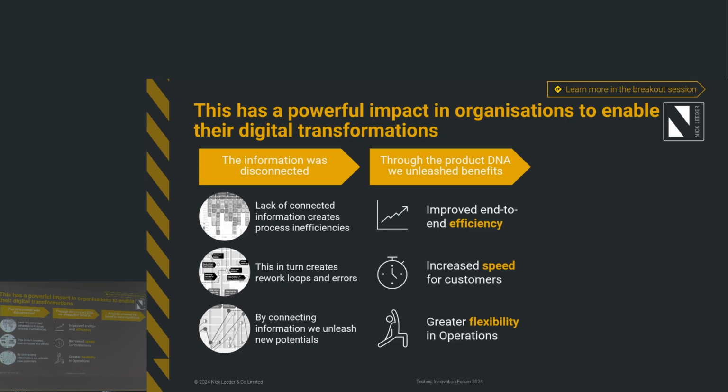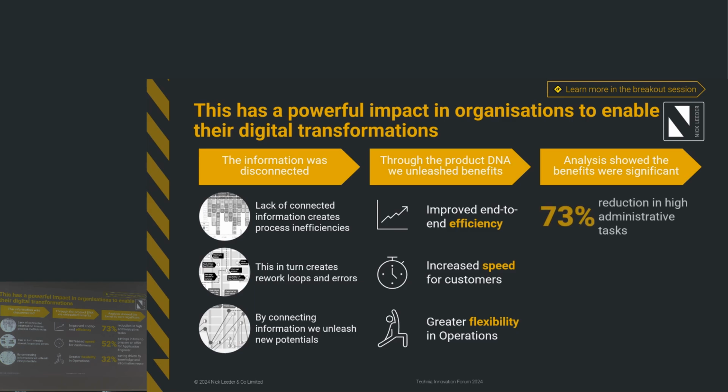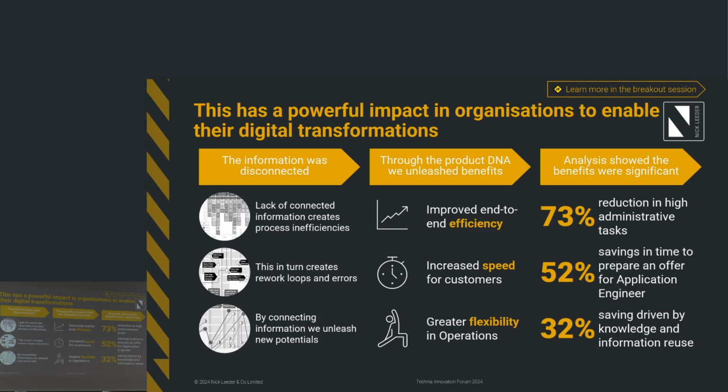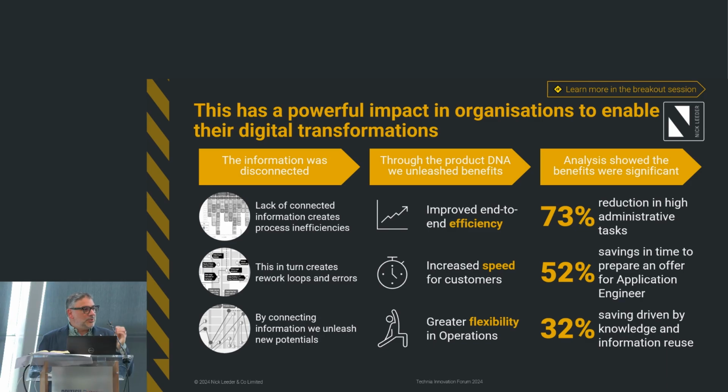The benefits were actually, and this is a different example, but there was almost a 73% reduction in the administration tasks that were needed. They were able to take a customer requirement and actually deliver a solution through application engineering almost in half or just over half the time.